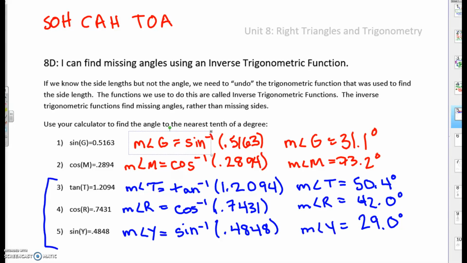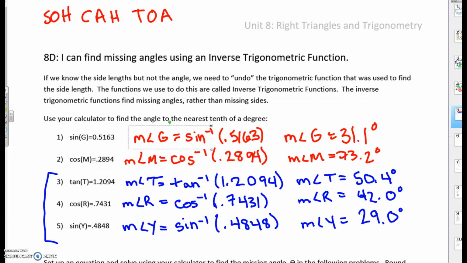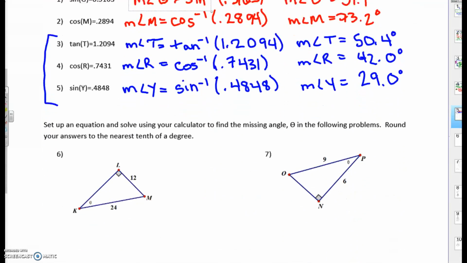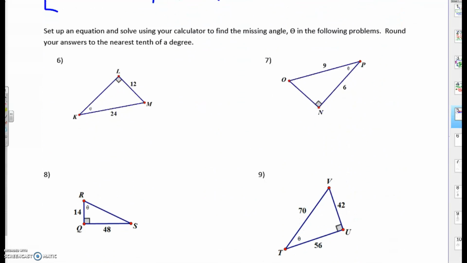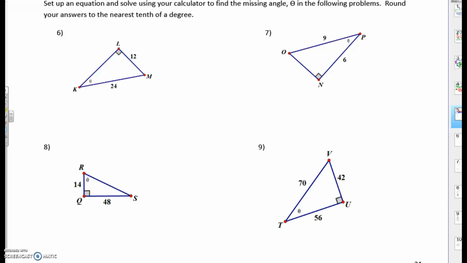So now, as we are moving right along, we're now going to use these to set up and solve some equations to find missing angle values. So just like we did last time, our first step is always to identify the angle. My second step is to label my sides.